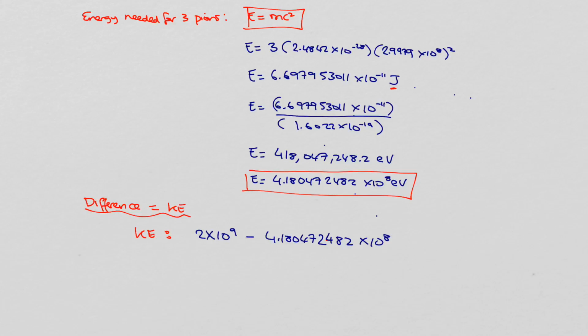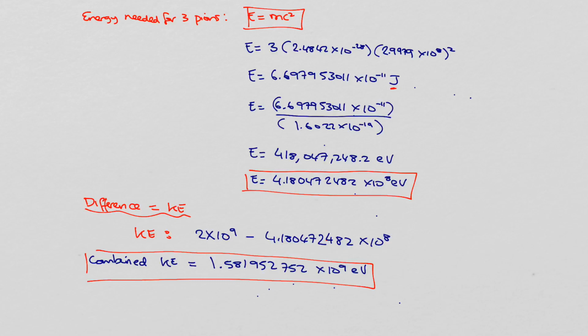And therefore that gives us kinetic energy, combined kinetic energy I should say, for all of the particles to be 1.581952752 by 10 to the power of 9 electron volts.